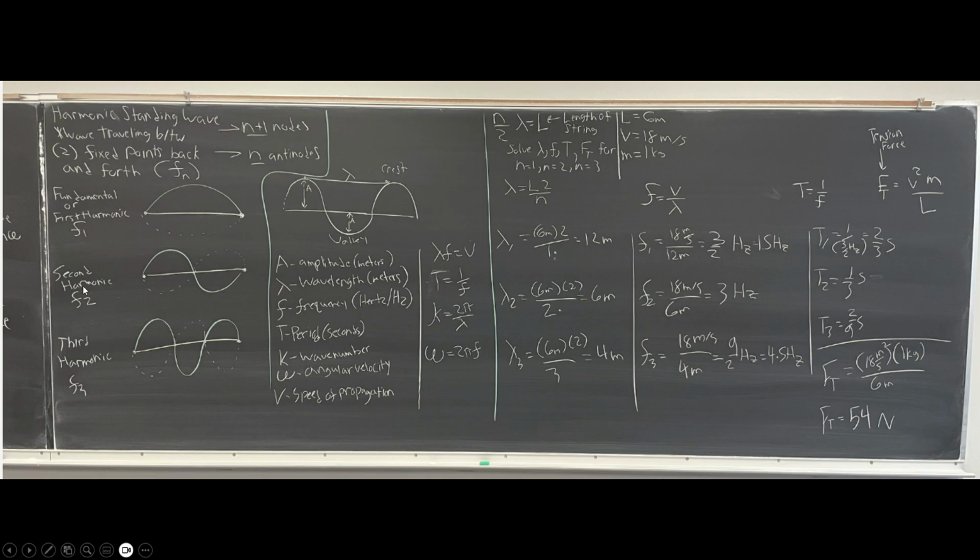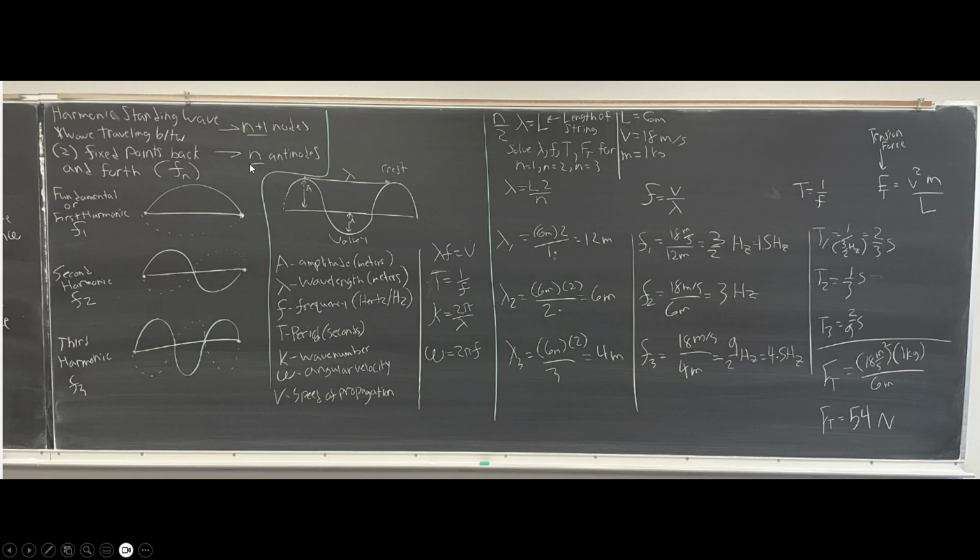For the second harmonic standing wave, or F2, our material is going to bow up for the first half and bow down for the second half as energy is moving in one direction. And as the energy of the wave reaches the end point here, it's going to make the material invert so that it now bows up here and bows down there. 2 plus 1 gives us 3 nodes, here, here, and here.